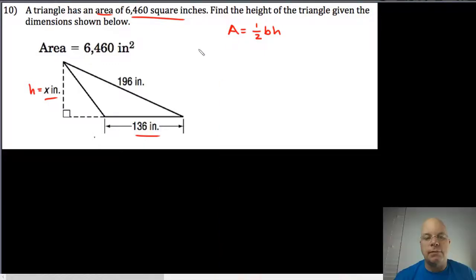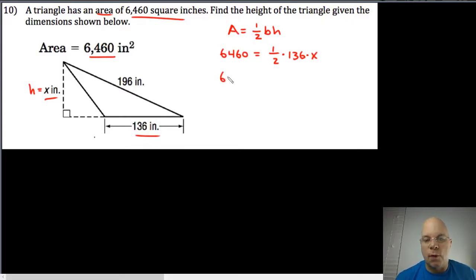Okay, the key here is understanding that when I substitute into this formula, I can substitute for the area because I've been given the area. The area is 6,460. And that's equal to 1/2 multiplied by the base is 136 multiplied by the height, which is x, that's our unknown.